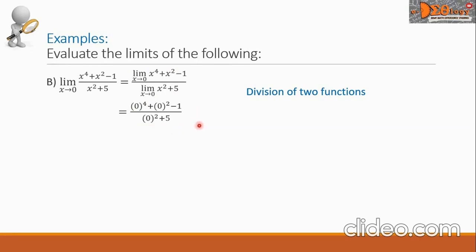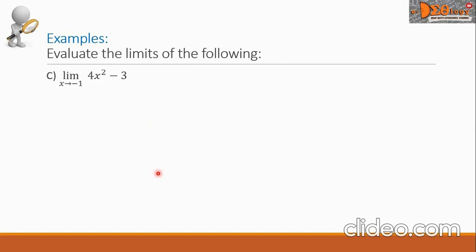We can simplify this fraction into negative 1 over 5, and our final answer is negative 1 over 5. This is example C. The limit of the function 4x squared minus 3 as x approaches negative 1.